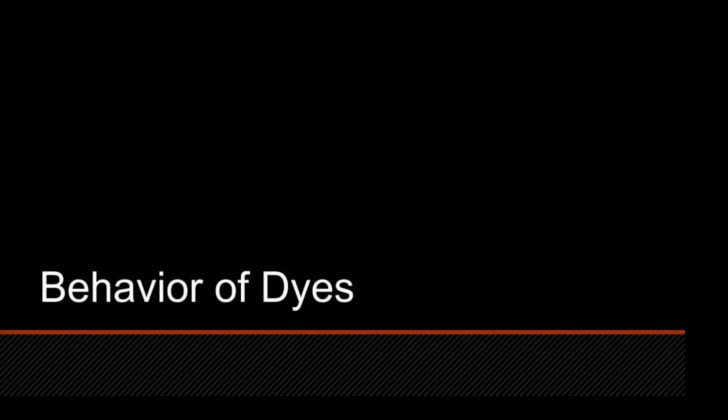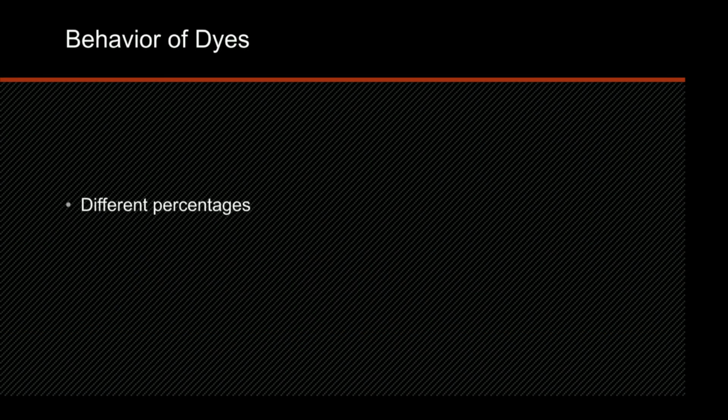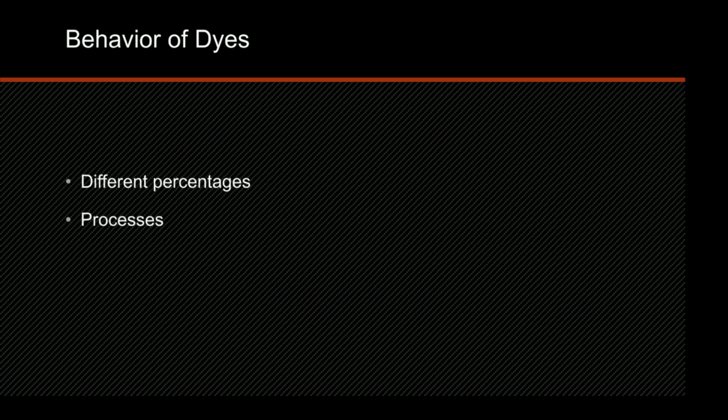Behavior of dyes. All these dyes have different percentages to fix on yarn, fiber, and fabric. Different research shows that these dyes have different behavior and different processes. Some dyes need harsh conditions to perform their work, and some need different techniques to transfer and fix on the yarn, fiber, and fabric.